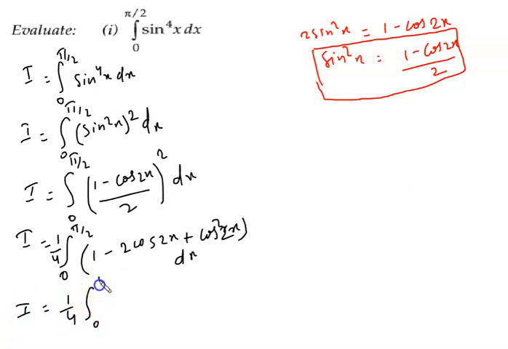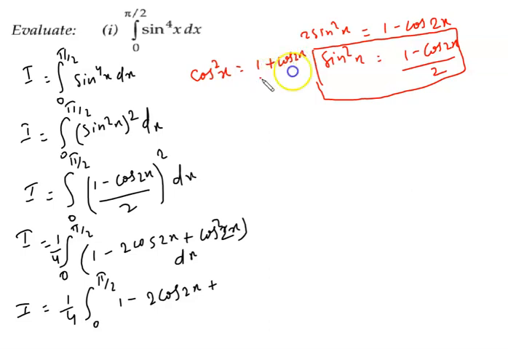So I is equal to 1 by 4, the limit 0 to pi by 2, of 1 minus 2 cos 2x, and once again we can apply here the cos square 2x. We know that cos square x equal to (1 plus cos 2x) by 2.